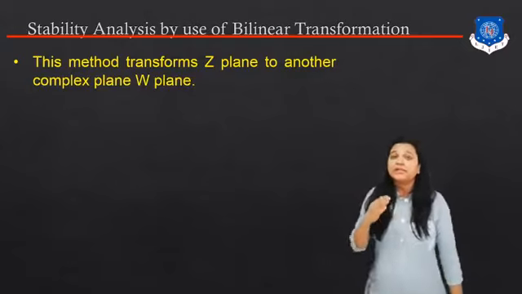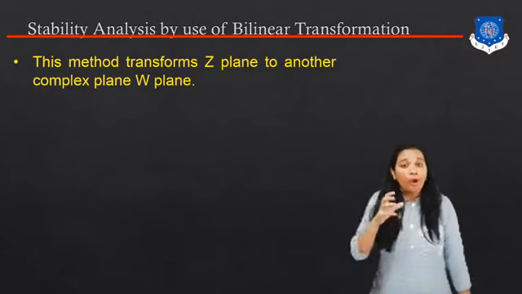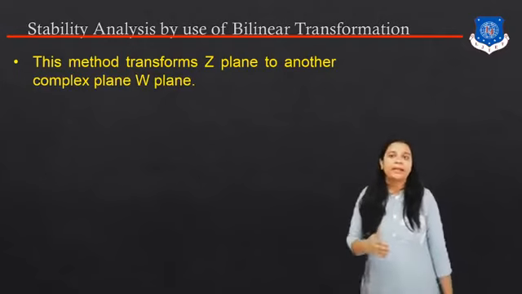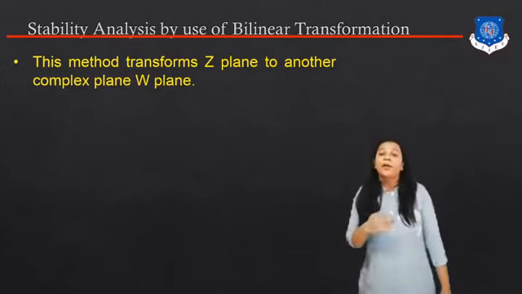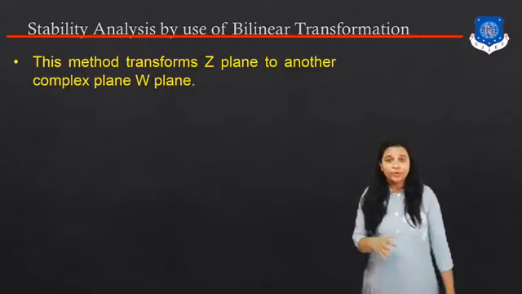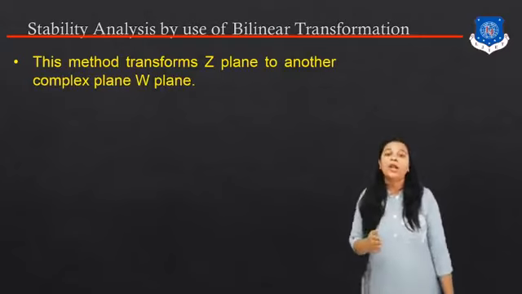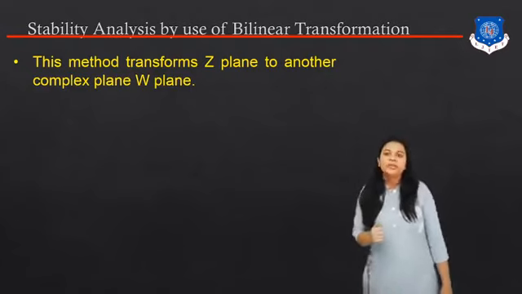If the poles and zeros are located inside the unit circle or on the unit circle, that system is known as a stable system. Now, what is the condition for an unstable system? If any pole or zero is located outside of the unit circle, that system becomes an unstable system.